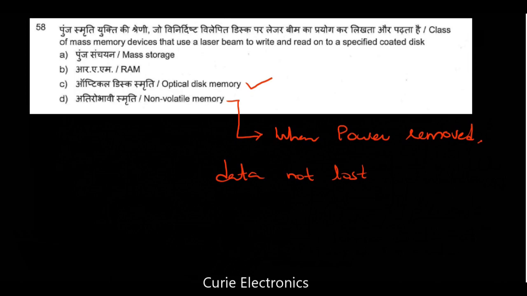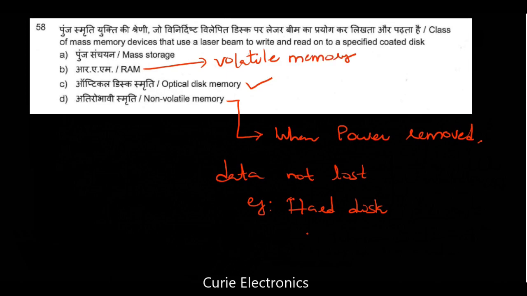Examples are the hard disk of a computer; when power is removed, it retains the data. Also read-only memory. Then RAM is a volatile memory. When power is lost, the data is also lost. That is a volatile memory.